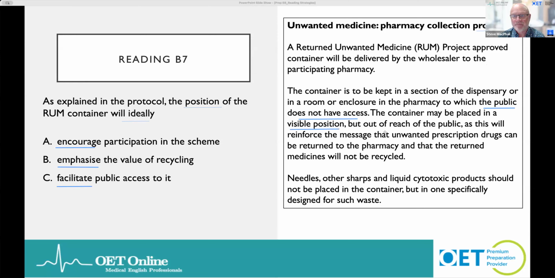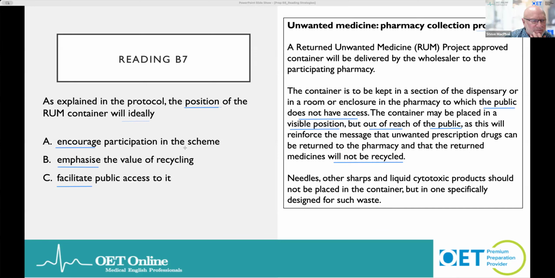We can see it, but out of reach of the public, as this will reinforce the message that unwanted prescription drugs can be returned to the pharmacy and that the returned medicine will not be recycled. That's an important paragraph. This is about the position. Needles, other sharps, and liquid cytotoxic products should not be placed in the container, but in one specifically designed for such waste. All right, we've read it.